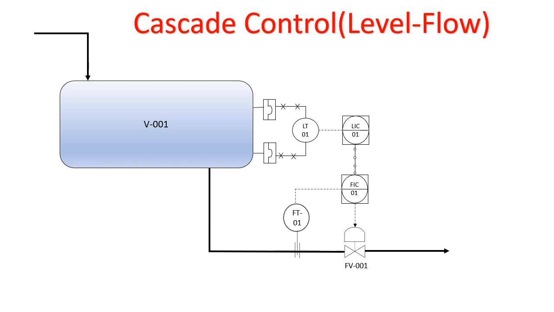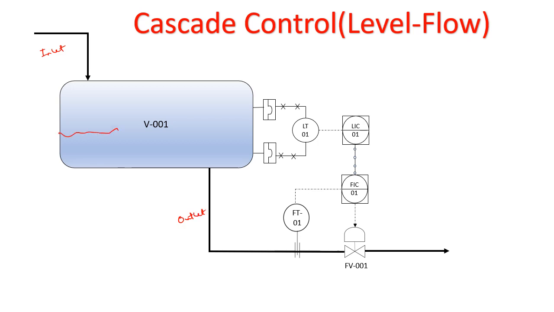So take this example. We discussed these examples for the BPCS control system. I have taken the same example so that it becomes easy for you to understand. So this is the inlet, right? And this is basically the outlet, right?